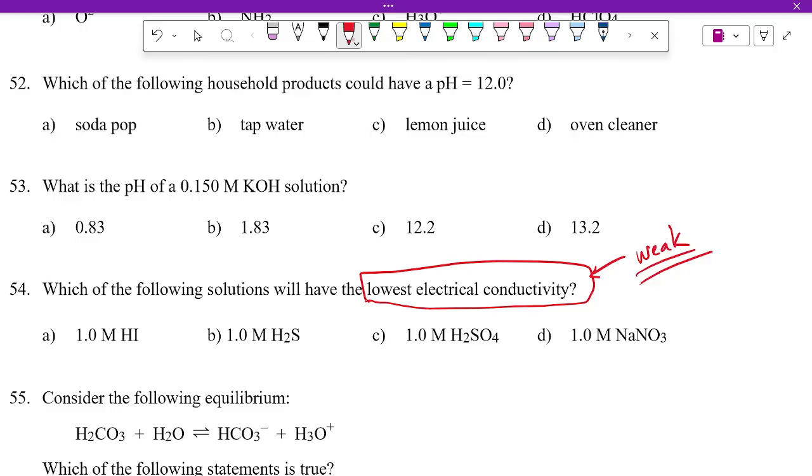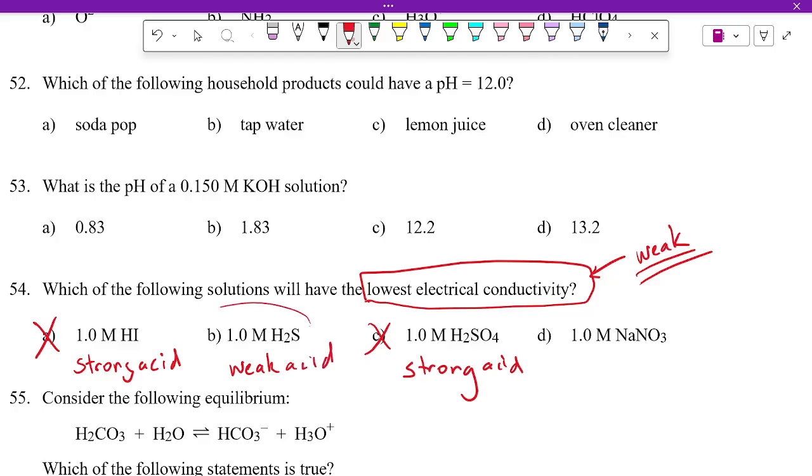And HI is a strong acid, so that's not it. H2SO4 is a strong acid, so that's not it. H2S is a weak acid, so that's probably it. Let's just look at our last one, NaNO3.